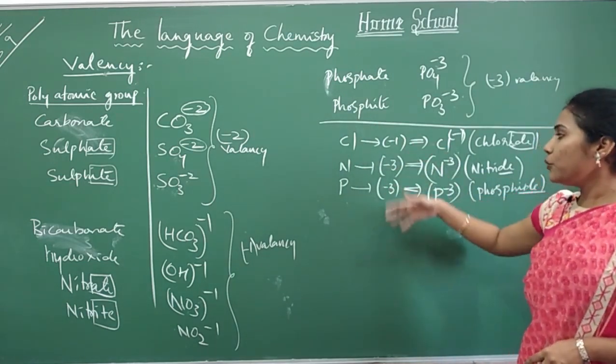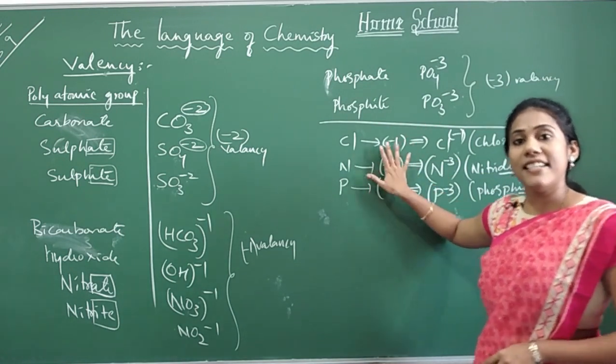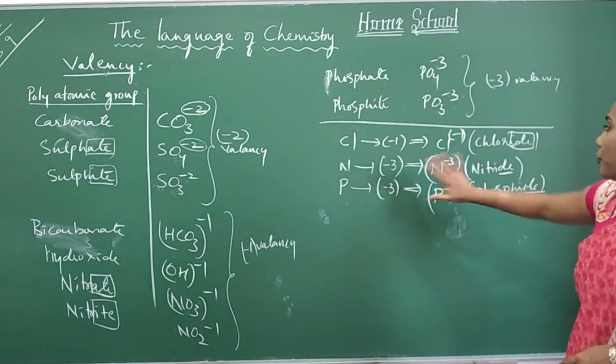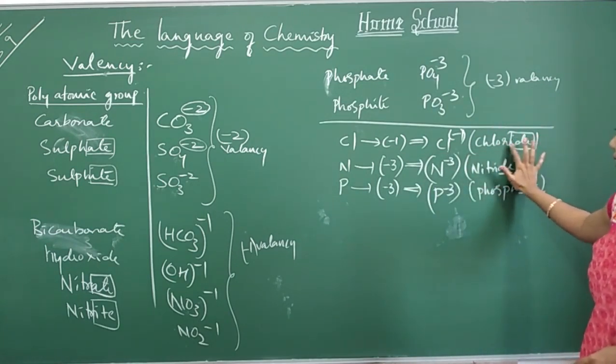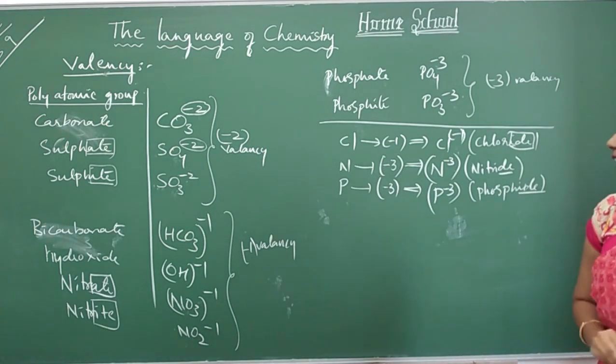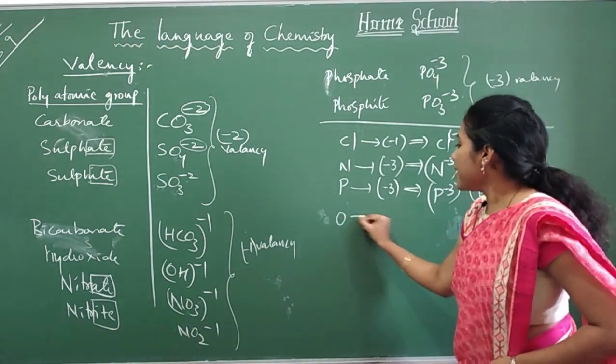The valency can be 1, 2, 3 or anything. If it has a negative sign, you add IDE at the end of the name.